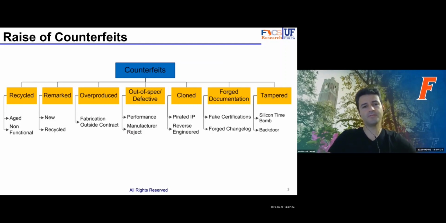There have been a number of different counterfeits in the past, from recycled and remarked chips, all the way to the cloned and tampered chips. We have seen a good rise of awareness over the past, I would say, 5 to 10 years about counterfeits on the scale of recycled and remarked, basically where we talk about some signs and defects on the package where there may be a scratch or there may be a ghost marking on a package which needs to be detected.